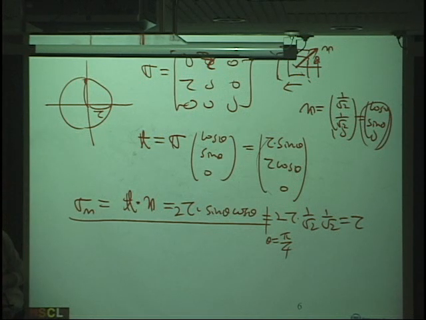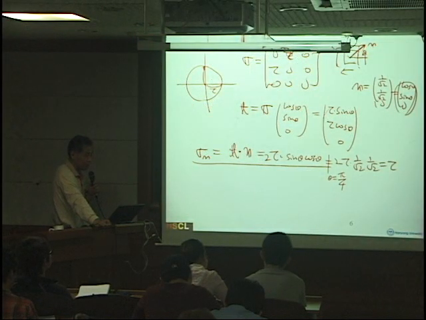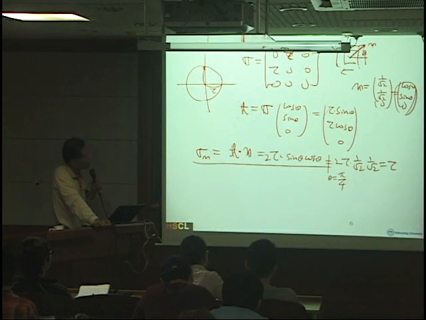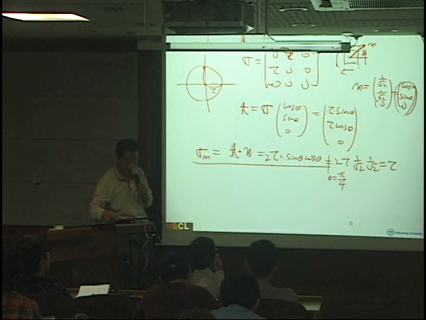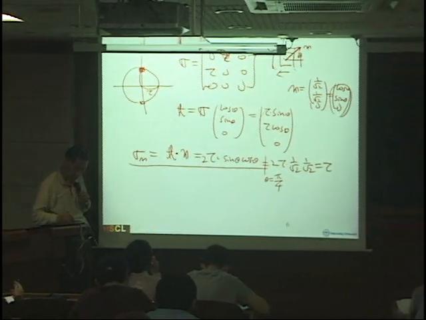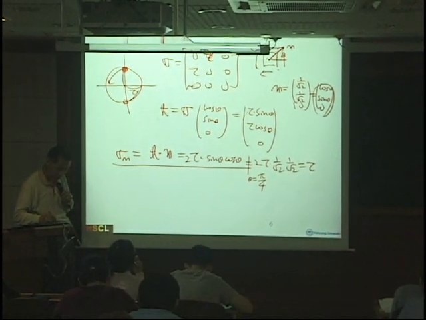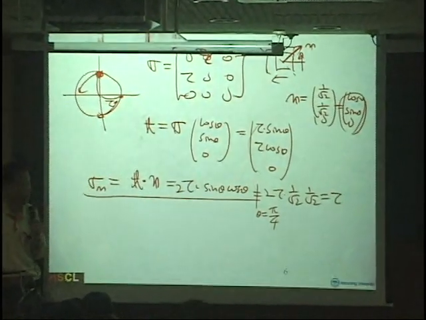No, there is something wrong here. Is it tau? Oh, yeah, sorry, it is tau, yes. We are studying tau here, in the 45 direction, and we have tau here. Yes, obviously. Okay.